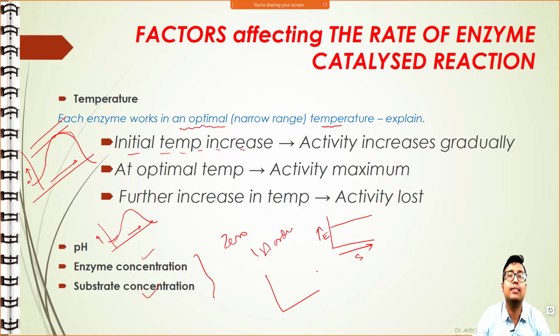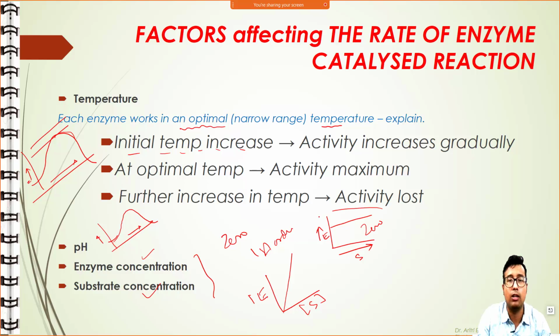What is first order? First order means the enzyme activity is linearly related to substrate concentration. So if this is the substrate concentration and this is the enzyme activity, the curve will look like this. If you give twice the substrate, the enzyme activity will be twice. So remember, the rate of reaction is independent of substrate concentration in zero order.